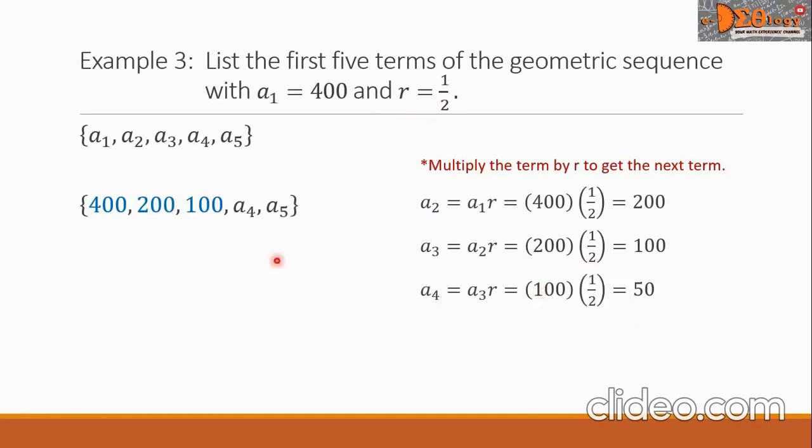This 50 will take the place of our a sub 4 here. Now for a sub 5, 50 times 1/2, that is 25. And this 25 is the value for our a sub 5. We are able to list the first 5 terms of this geometric sequence. This is our final answer.